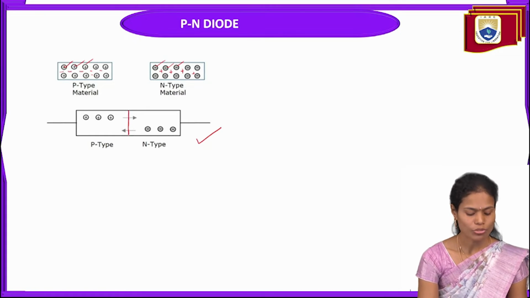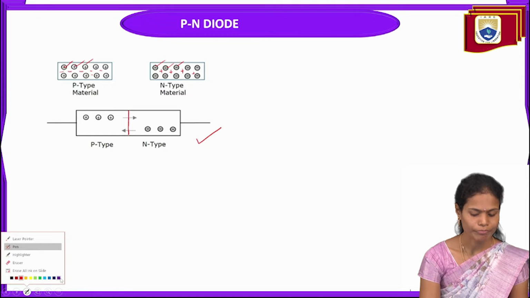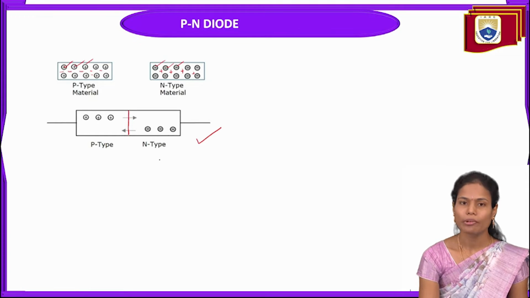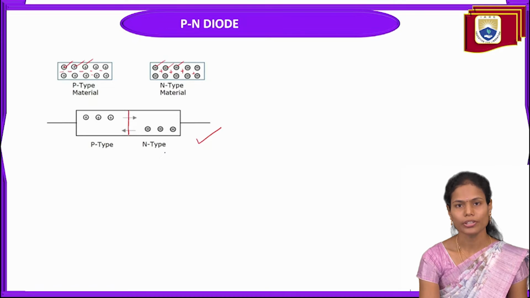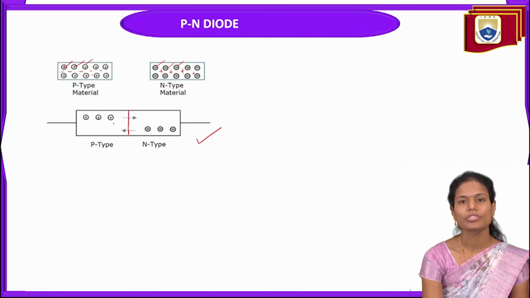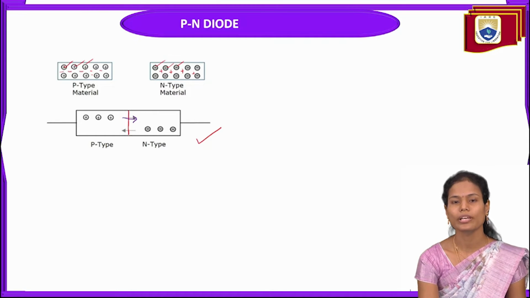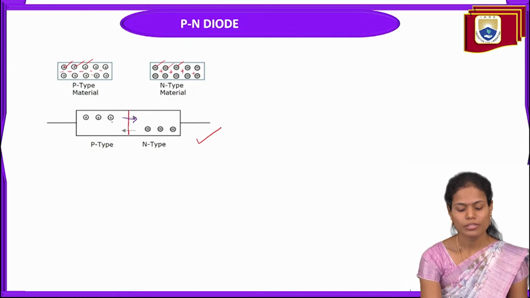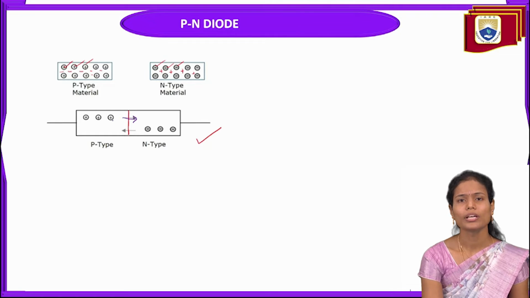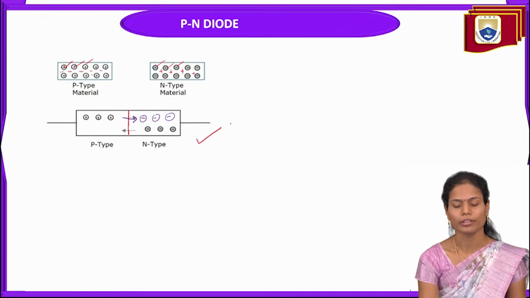As soon as we join the P type material and the N type material, the holes present in the P type material try to diffuse or move towards the N type material. Once a hole moves towards the N type material, it tries to combine with an electron present in the N type material.